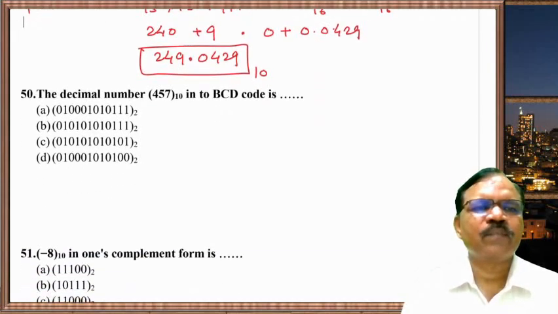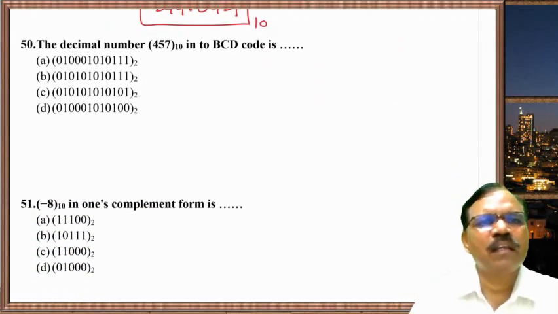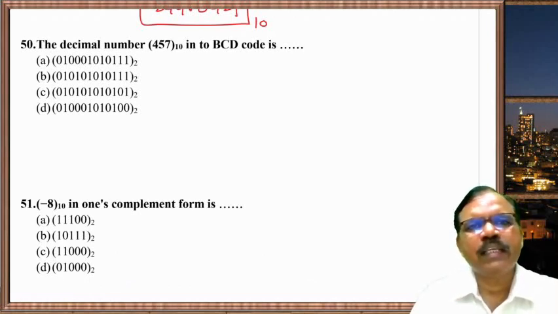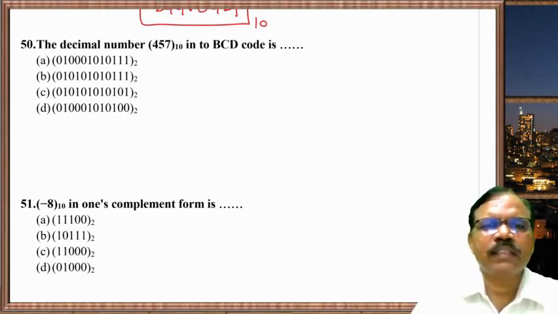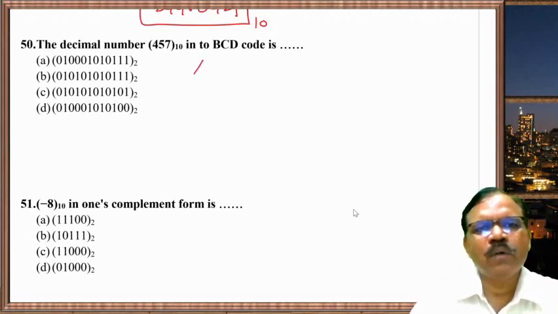Now next one, the decimal number 457 to the base 10 in the BCD code is. So in BCD code we take 4 bit binary for each digit.